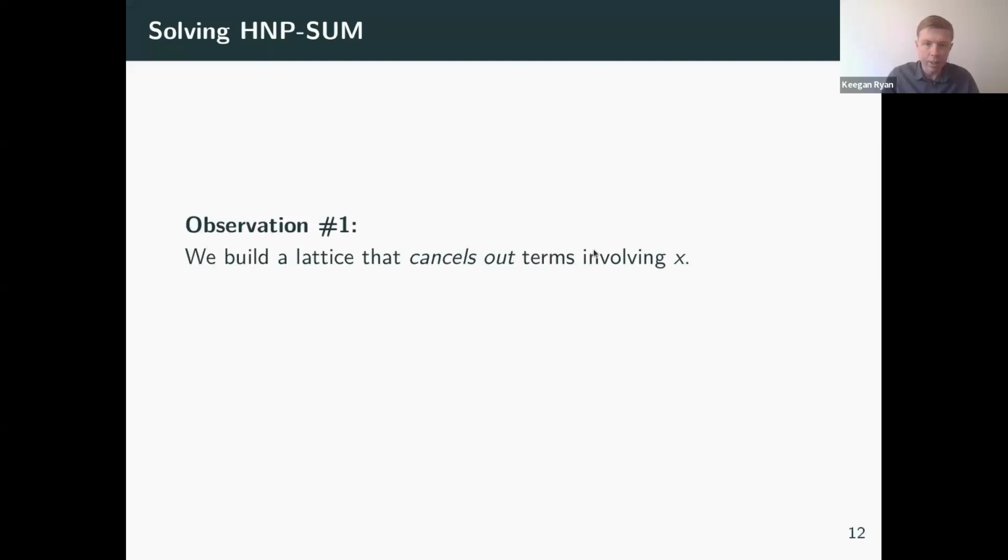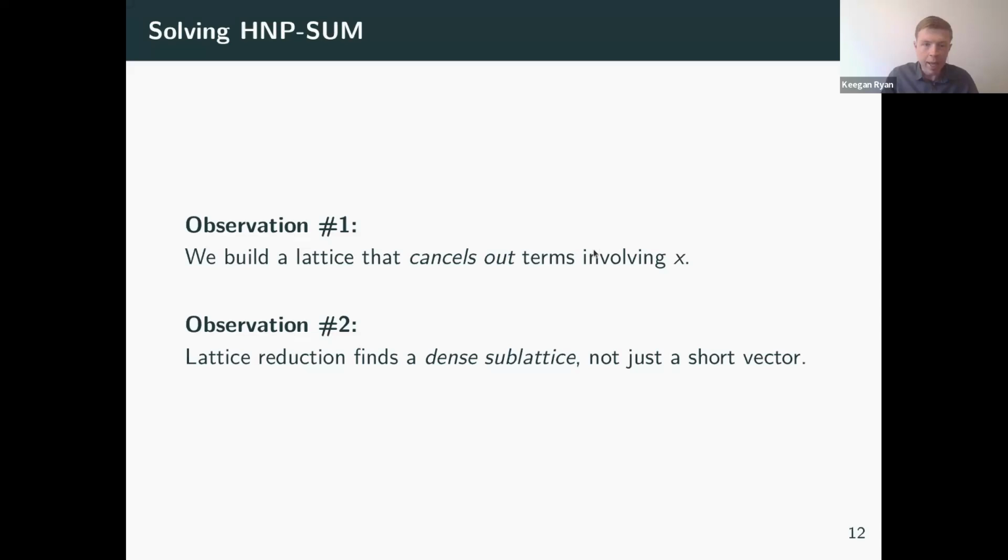So this allows us to work around the limitations for the linearization problems that we were running into earlier. Another observation that we have here is that we're using lattice reduction not to find a short vector, but to find a dense sublattice. And although there are other examples in the literature of using lattice reduction in this way, it definitely is a more unusual way of using lattice reduction to solve a problem.